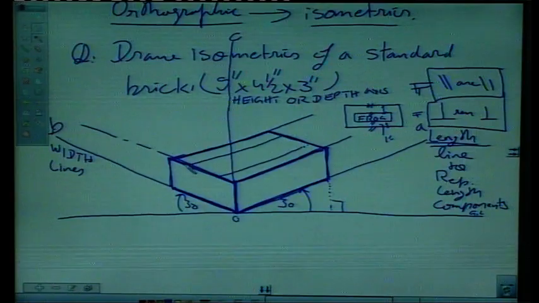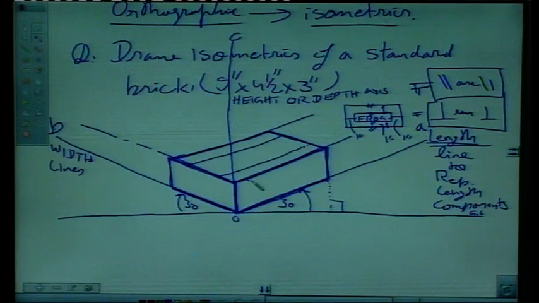We have drawn two lines parallel to edge OA, right? So this is also 1 inch here and this is also 1 inch. Say from all sides it is 1 inch. So mark 1 inch here and mark 1 inch from here and draw lines parallel like this, right?